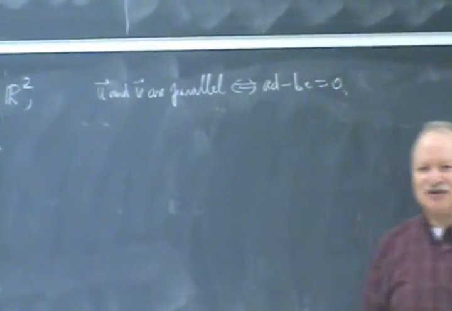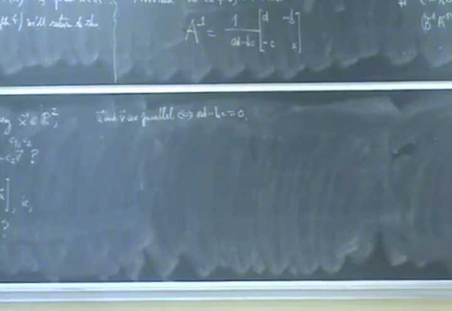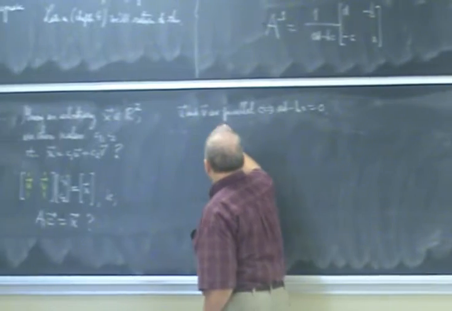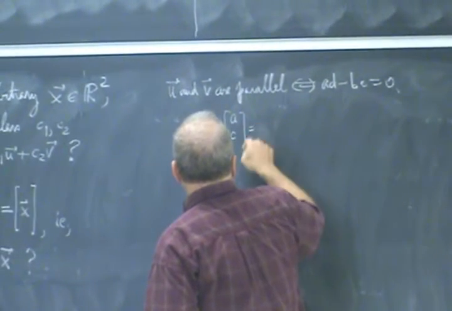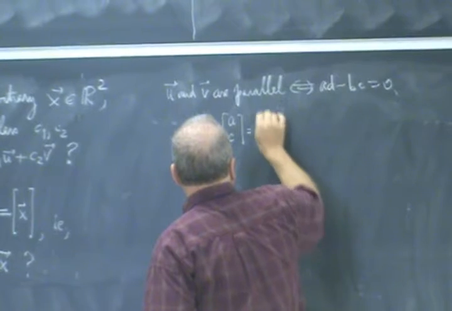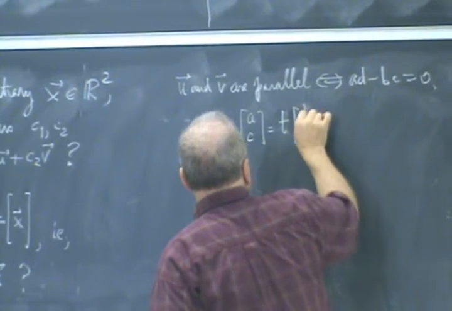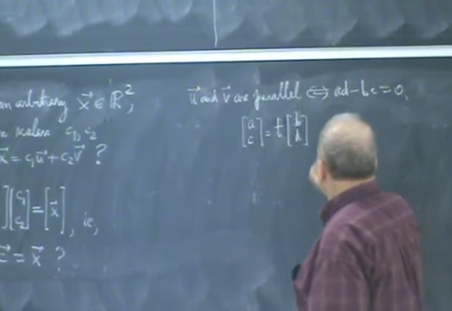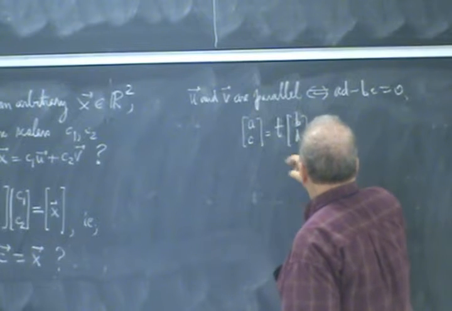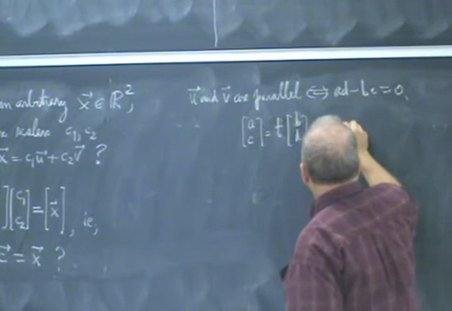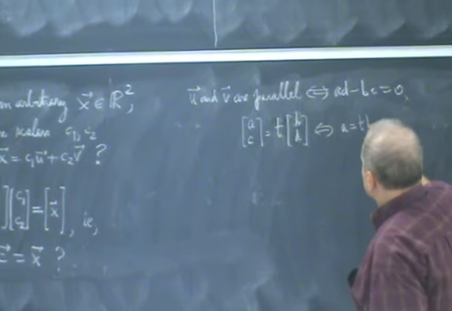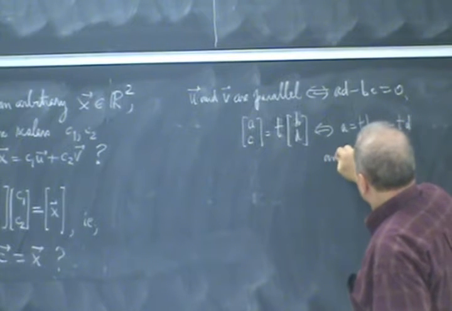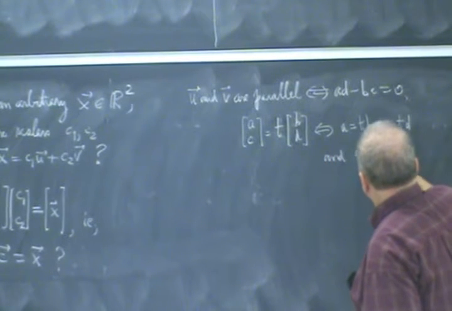Why in the world is that true? Because A and C are going to be scalar multiples of B and D, and vice versa. So AC equals a scalar, I better not use the same letters, T times BD, so then A is TB, and C is TD. And so, what's AD minus BC?